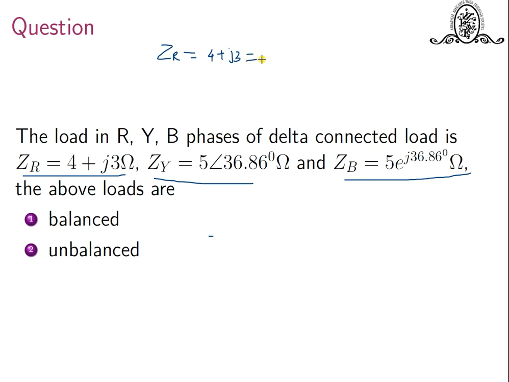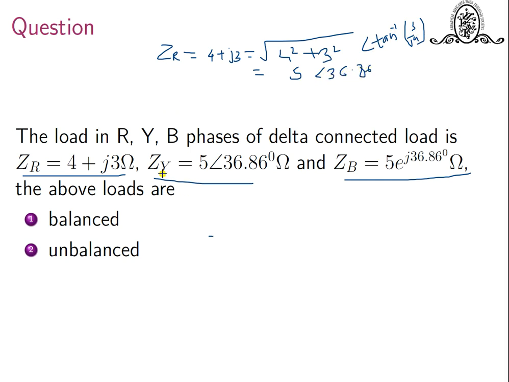If I convert this into magnitude and angle, the magnitude is equal to root of 4 square plus 3 square, and the angle is equal to tan inverse of 3 by 4, imaginary value upon real value. So 16 plus 9 is 25, root of 25 is 5, at an angle of 36.86.